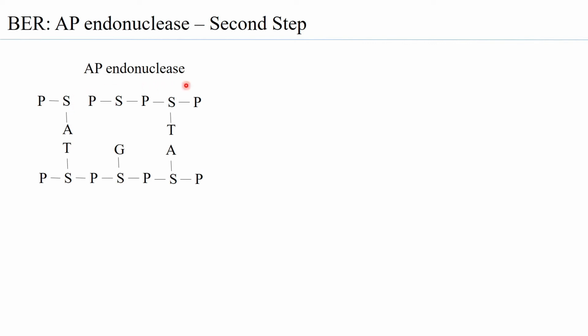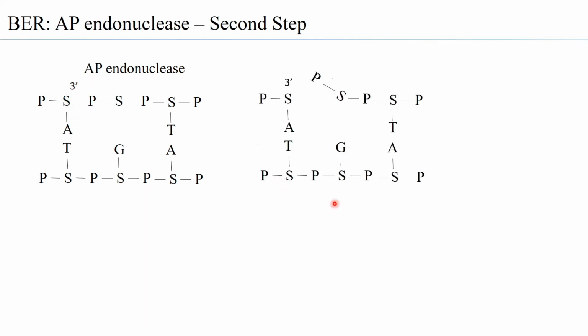And because this is removed, here you will have a 3' OH and this will be a 5' phosphate, because a nick has happened because of the AP endonuclease. What happens next is, therefore, you have now a flap being formed because you have this phosphate being removed from the sugar because the phosphodiester bond has been broken.